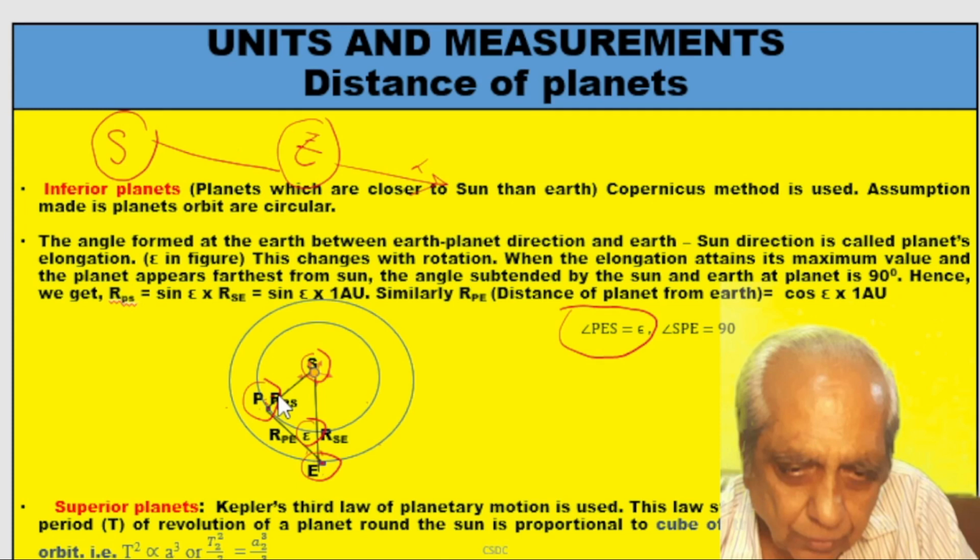Is it all right? Now, when this becomes 90 degrees, you take sine epsilon naught. What will be sine? Opposite upon hypotenuse. Opposite is PS, meaning RPS.